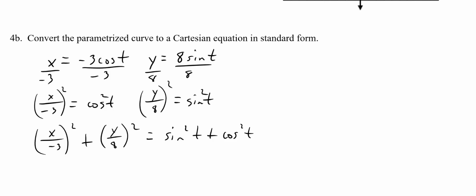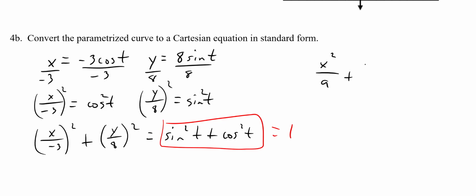Sweet! Because this, math fans, oh, it's so nice. Of course, that's equal to 1. So let's go ahead and multiply that out. We get x squared over 9 plus y squared over 64 is equal to 1. Score.